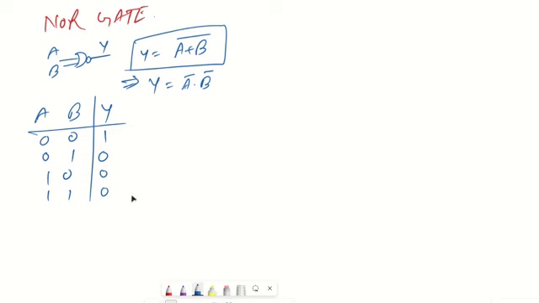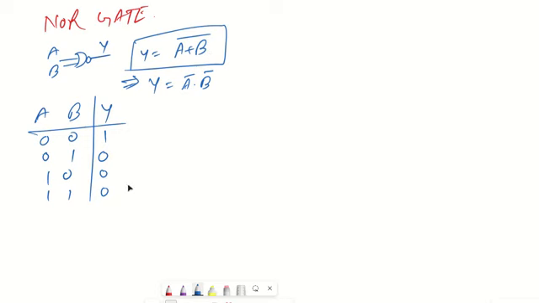Understood? Now if you try to write down the expression for a NOR gate, we can use the min term expression, wherever 1 is there in the output. It is a bar b bar, and by De Morgan's theorem you are going to get y equal to a plus b whole bar.